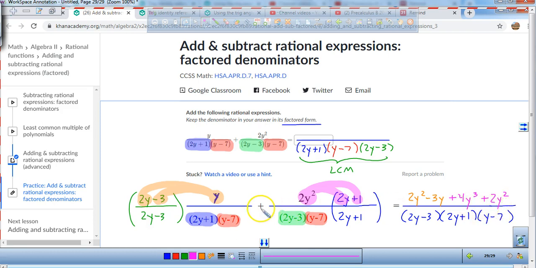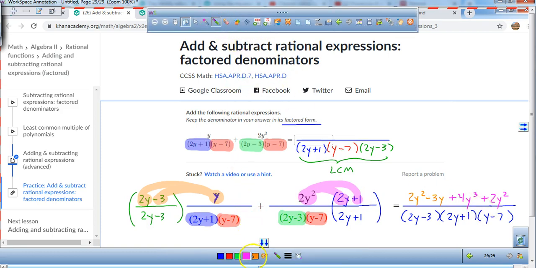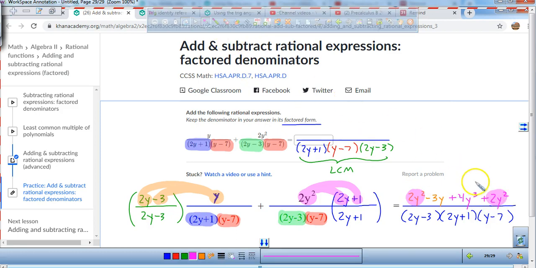When you have a plus, it makes it a lot easier because all you have to do is keep it positive and multiply it to both. Now we just have to search for like terms. The only terms that are alike are this 2y squared and this 2y squared, so that becomes 4y squared.